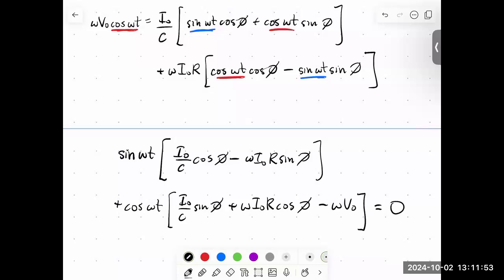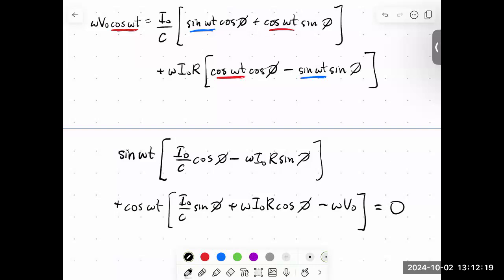Okay. Now, we haven't made any approximations. This is so far an exact solution. In fact, we won't make any approximations. But if you think about this, what we've got is some signals, voltage and current oscillating in our circuit, and this has to be valid at any time we pick.